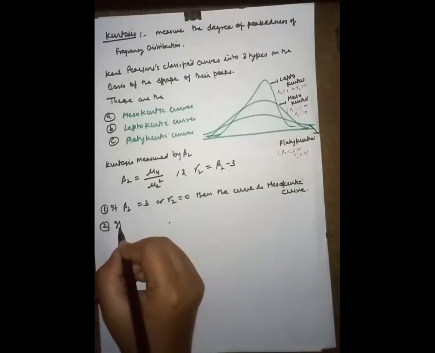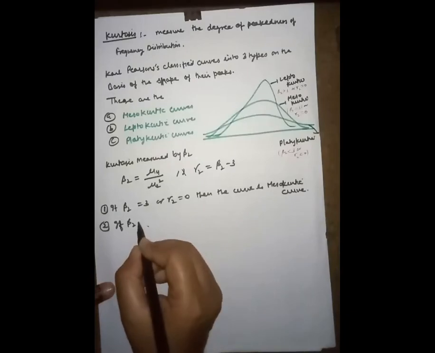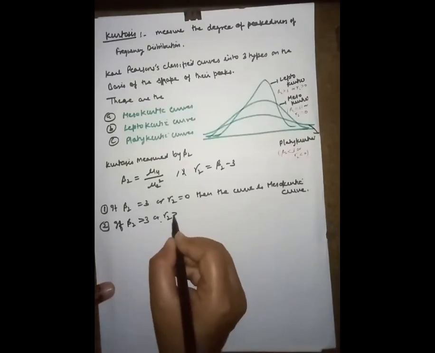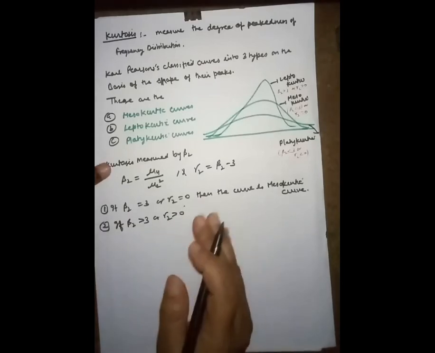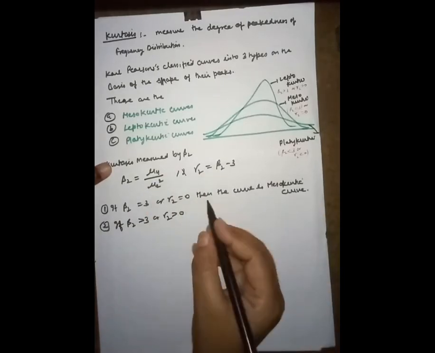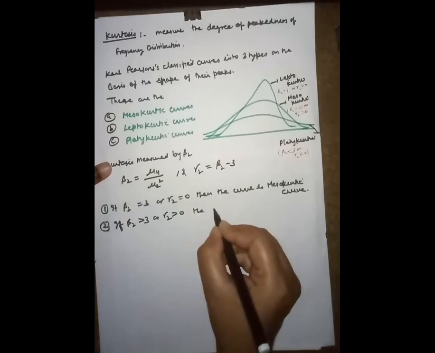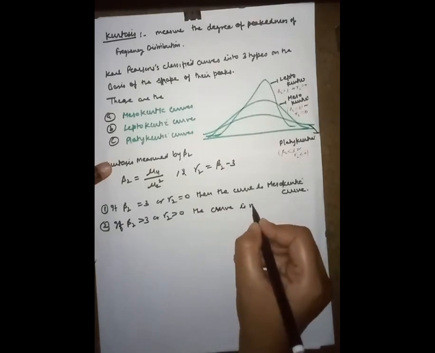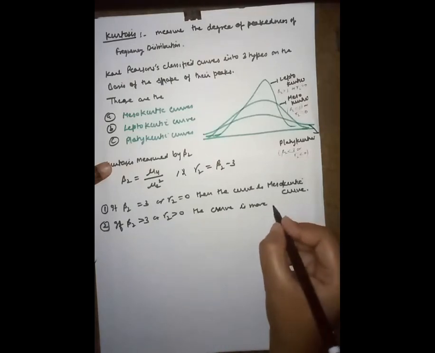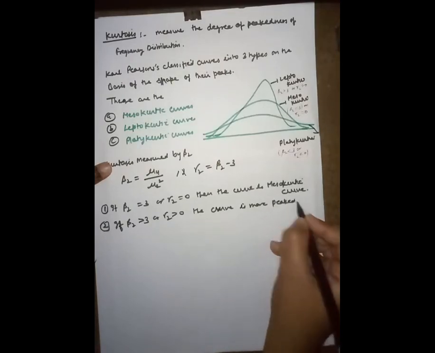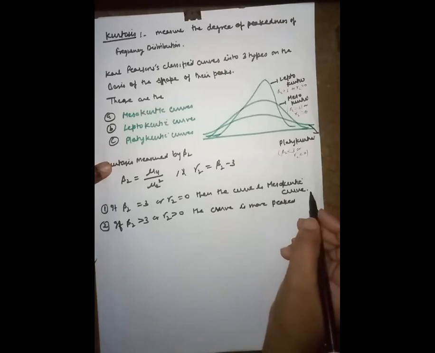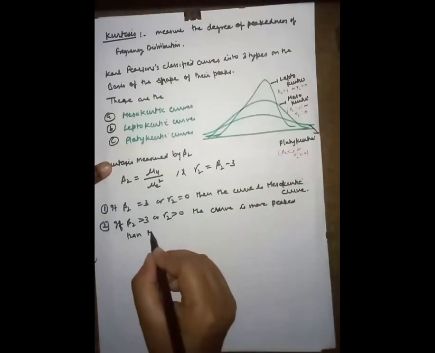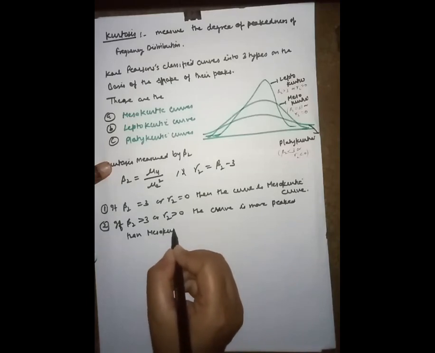The second one is, if beta 2 is greater than 3 or gamma 2 is greater than 0, the curve is more peaked. You see here, the curve is more peaked than the mesokurtic curve.